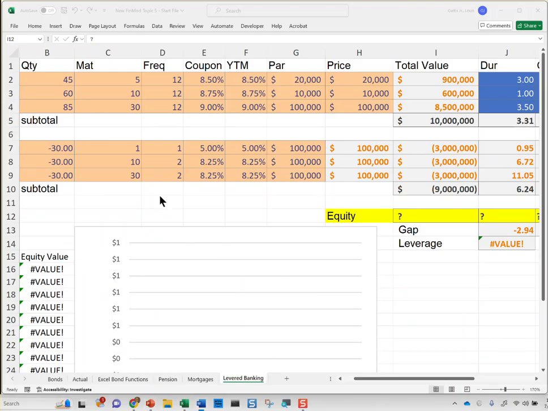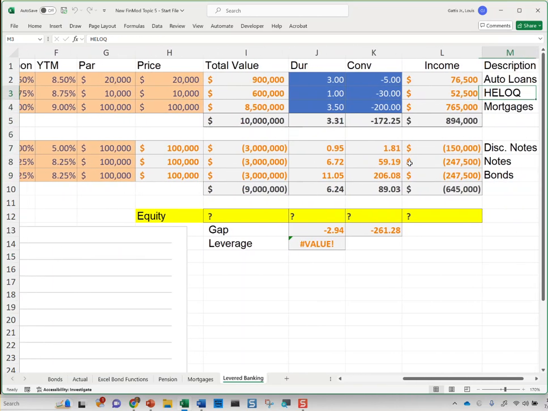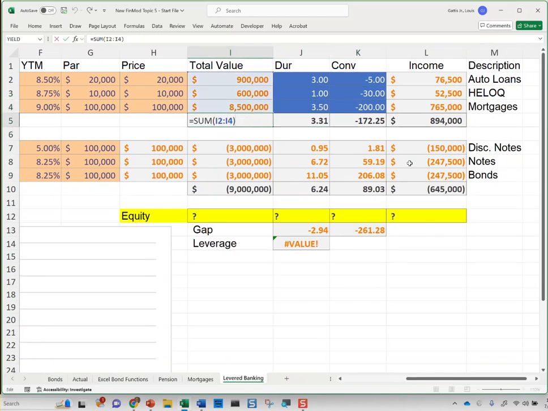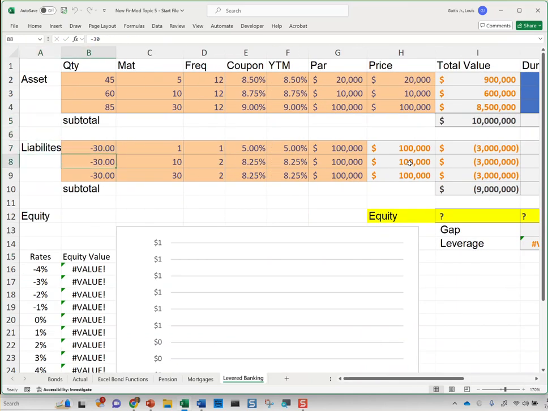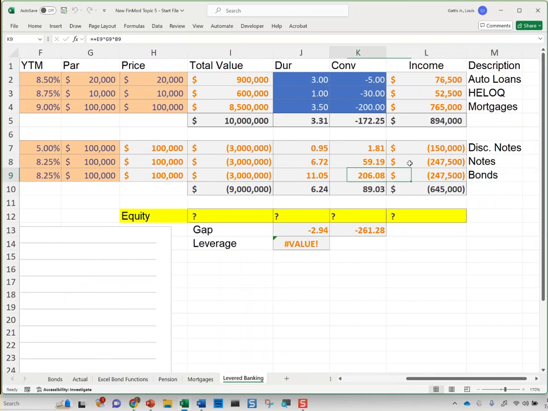So I'm going back to the spreadsheet. They're going to buy these assets that have a total value of 10 million, duration of 3.31, and convexity of 172. If they issue 30 1-year, 30 10-year, and 30 30-year notes, that would generate $9 million. That has a duration of 6.24 years and a convexity of 89 units.